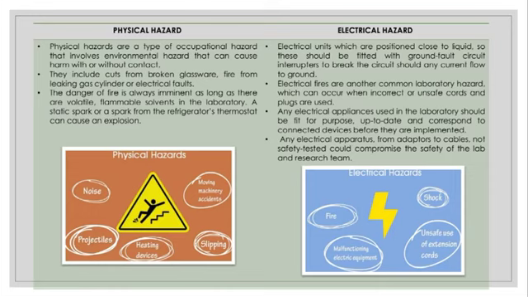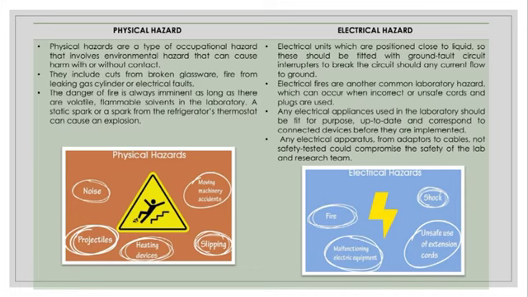So the danger of fire is always imminent as long as there are volatile, flammable solvents in the laboratory. So a static spark or a spark from the refrigerator's thermostat can cause an explosion.